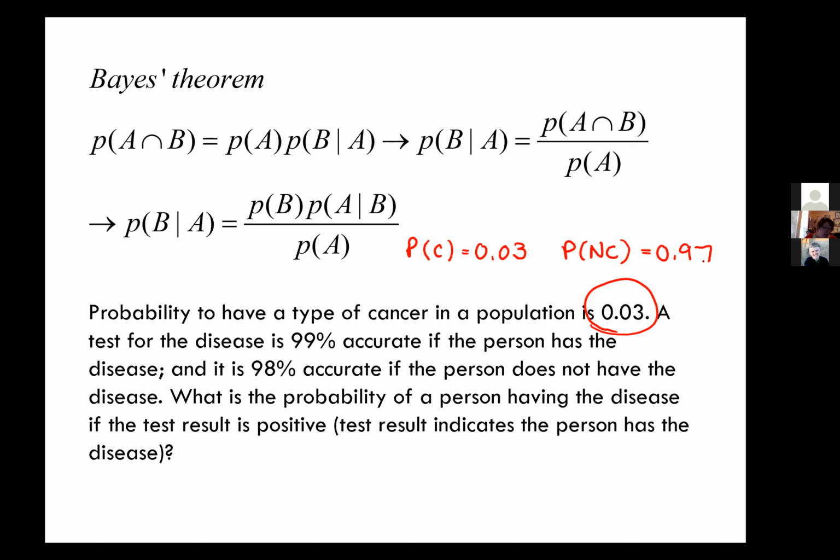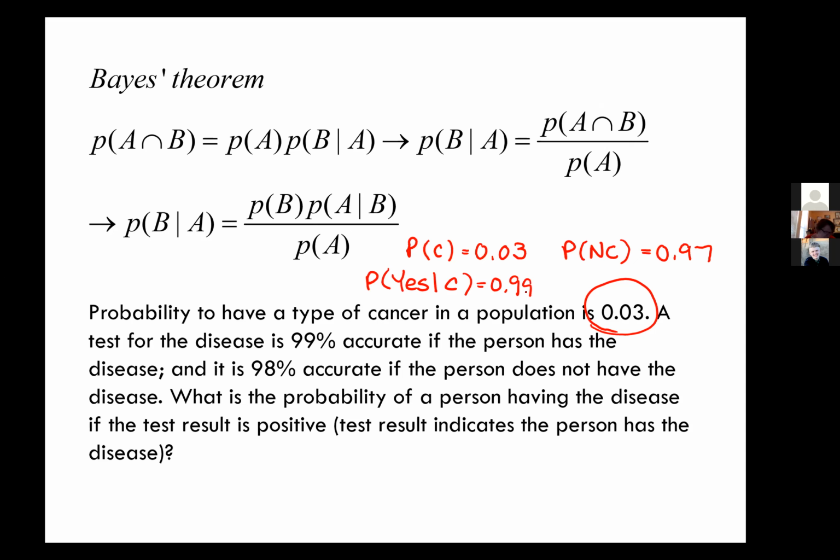Okay. Now what they tell me is that a test for the disease is 99% accurate if the person has the disease. So the probability that I test that I have this cancer, given that I actually have the cancer, is 0.99. So the probability that I test positive, given I actually have the cancer, is 0.99.